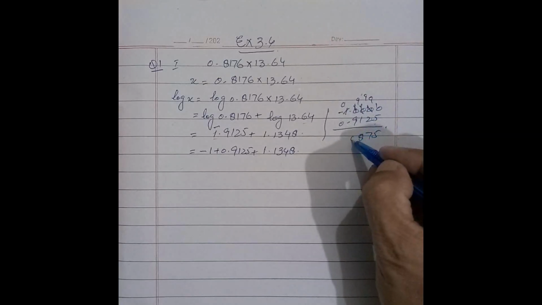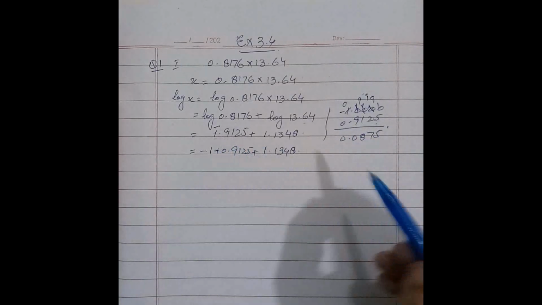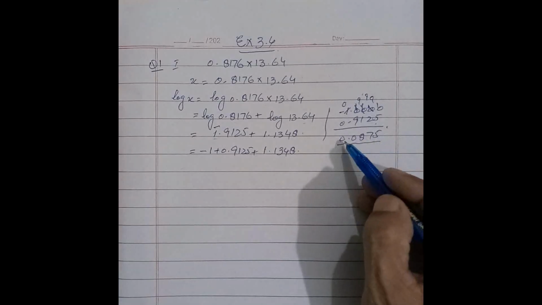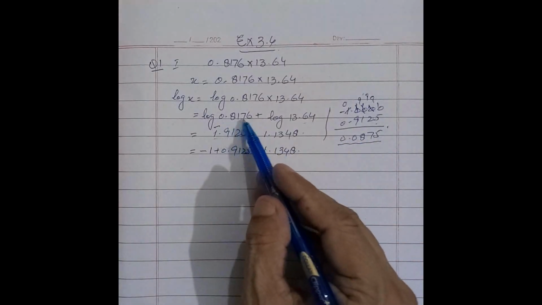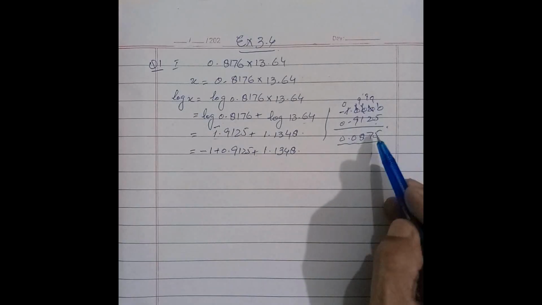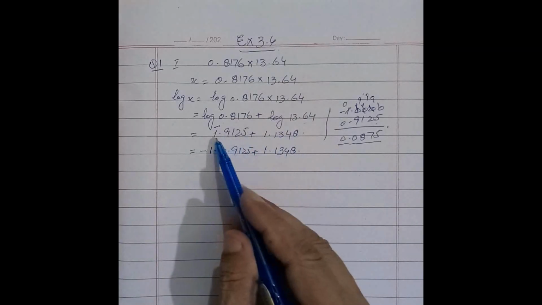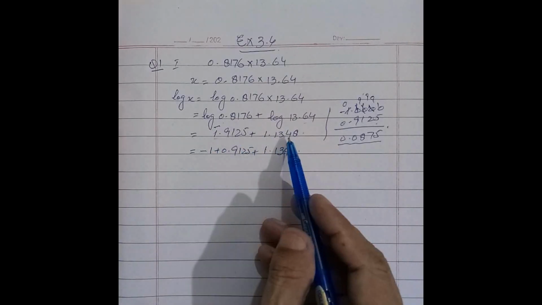And 9 minus 9 is equal to 0. In this question, the calculator tells us the value of log 0.8176 directly, 0.0875. It is also correct. And when we manually solve the values, we take this method.